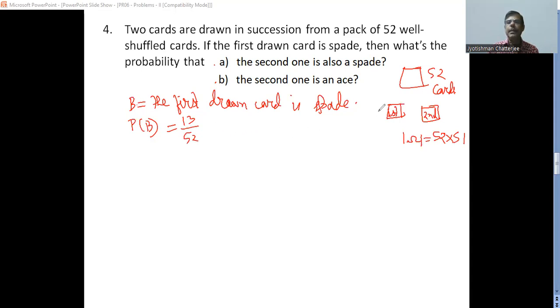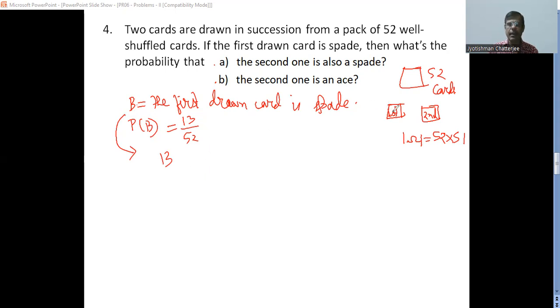And let's see if that is true in terms of the whole experiment. For the first card, we are considering the event B. We are trying to find the favorable outcomes for B. For the first card, we have 13 possibilities, any of the spade cards.